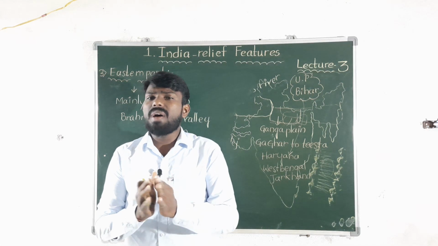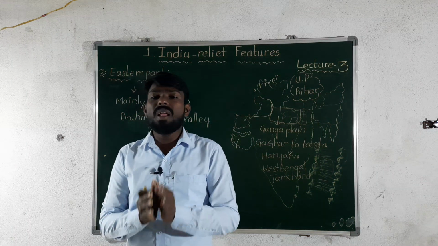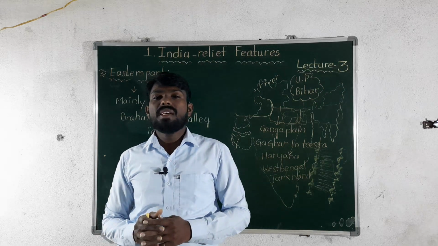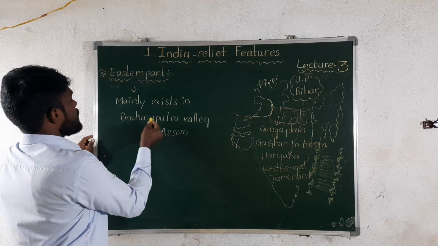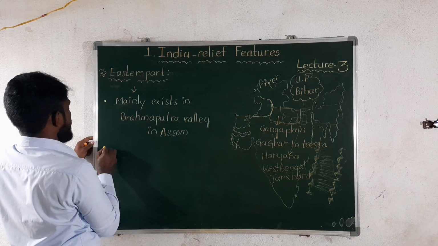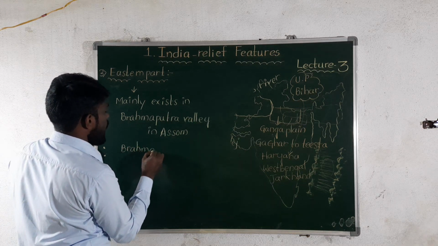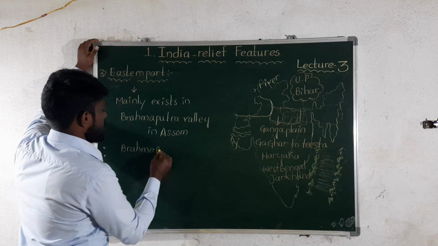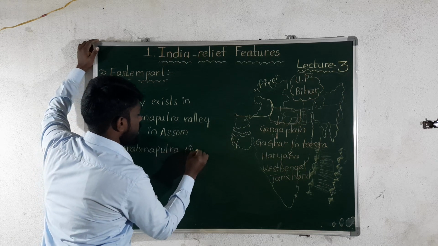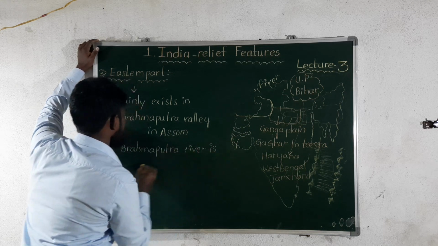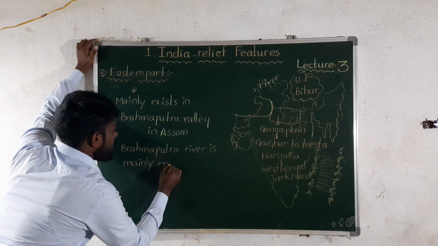The Brahmaputra River is mainly responsible for the formation of the eastern part.